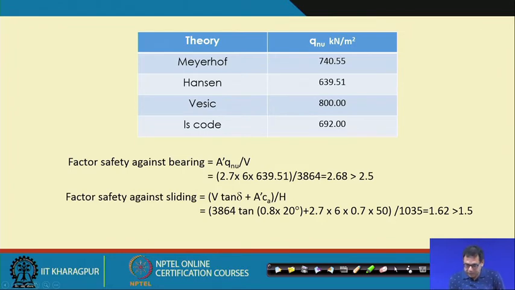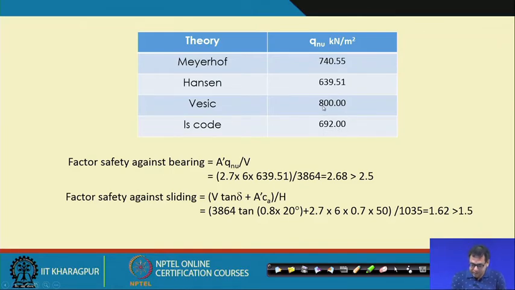If I use the actual IS code recommendation, this value will slightly reduce, or it may increase. But that is a slight variation, and it will be around this value.